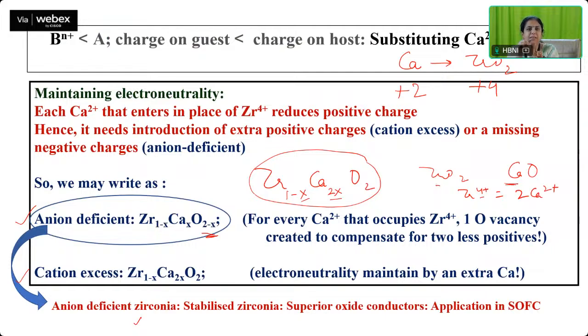A, you should have charge carriers. B, you should have pathways for those charge carriers to move. Then only the conduction can happen, right? So here, anion deficient zirconia has got oxygen vacancies. That is why they are oxide ion conductors. Okay. So this is an example of when the charge on the guest is less than the charge on the host.